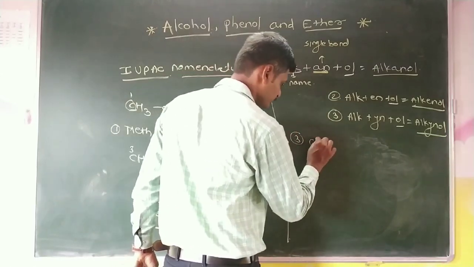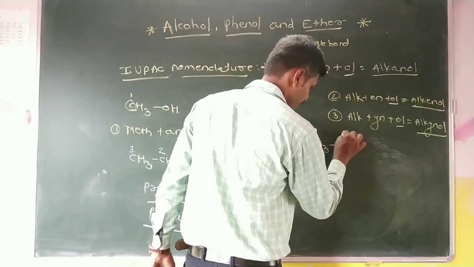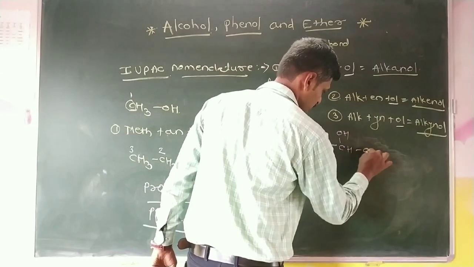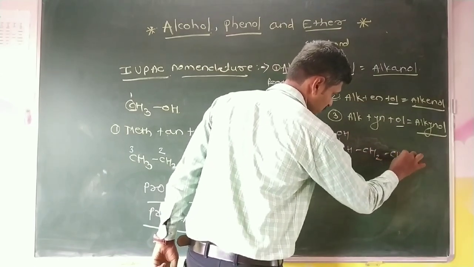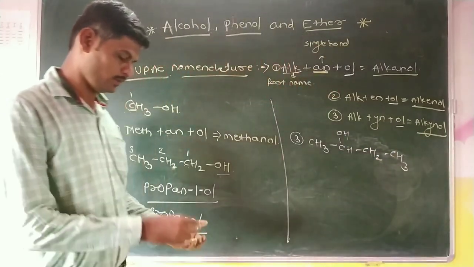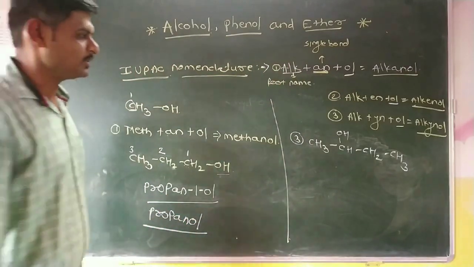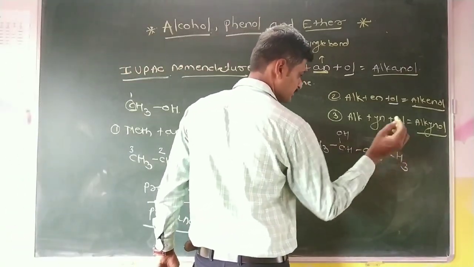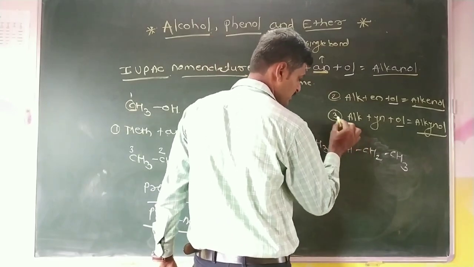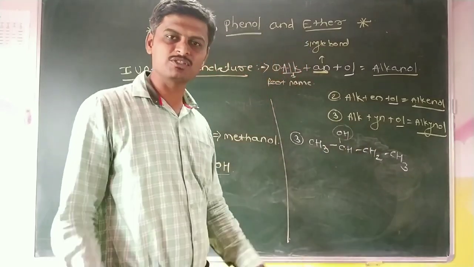The third example, CH3 CH(OH) CH2 CH3. In this example, there are 4 carbon atoms present. The OH group is considered the principal functional group.